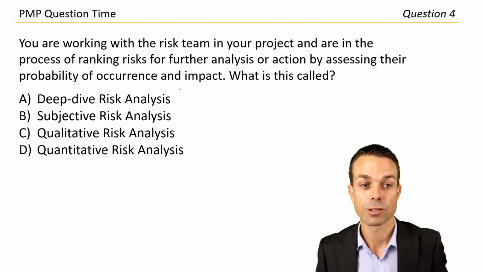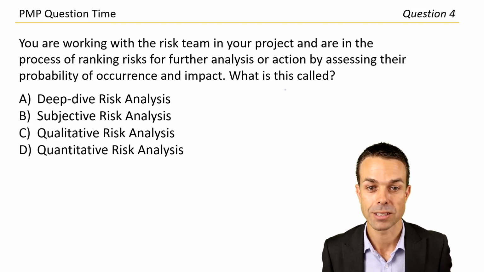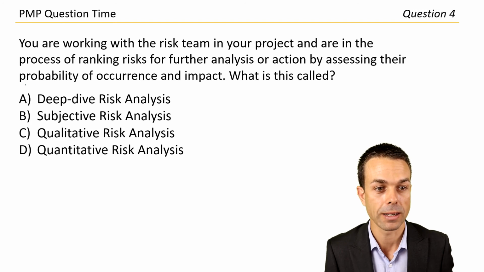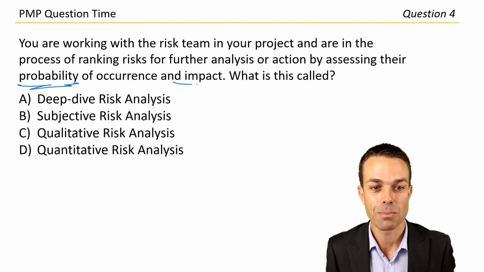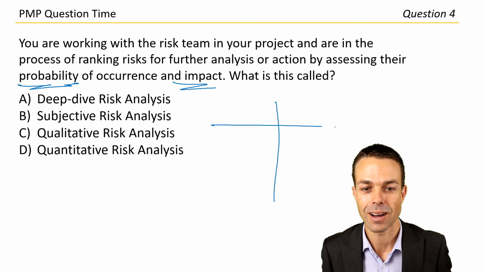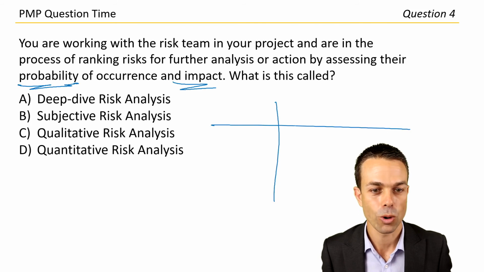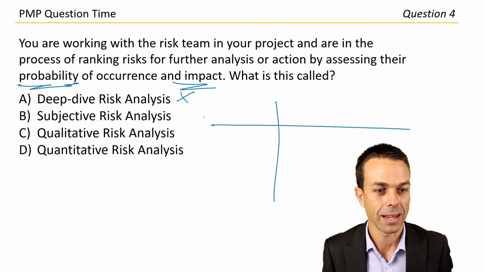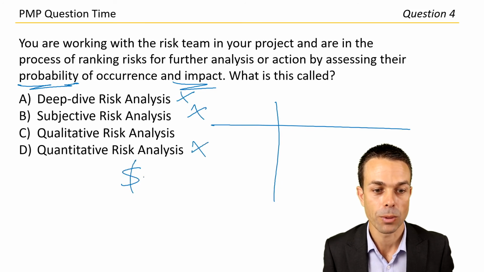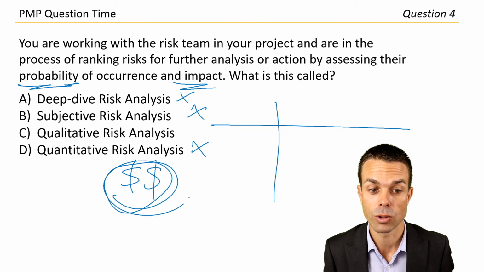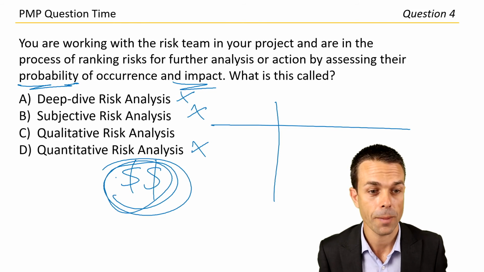You're in the process of ranking the risks for further analysis or action by assessing their probability of occurrence and impact. I love this. What is this called? It's not deep dive analysis, not subjective risk analysis, not quantitative risk analysis, because that's the financials, looking at huge amounts of data.